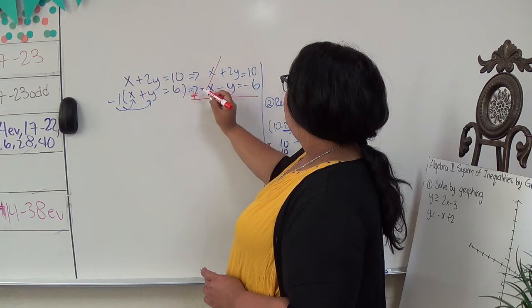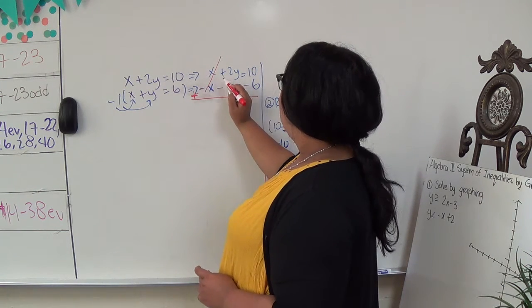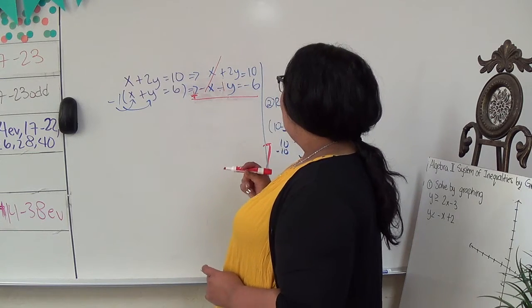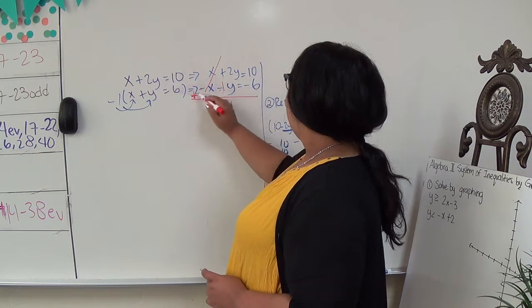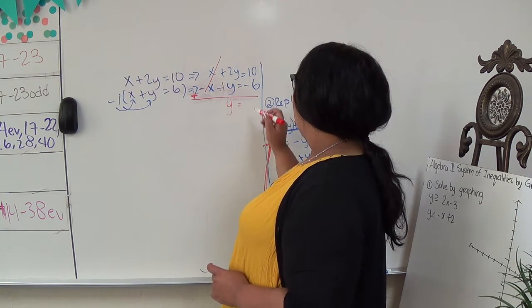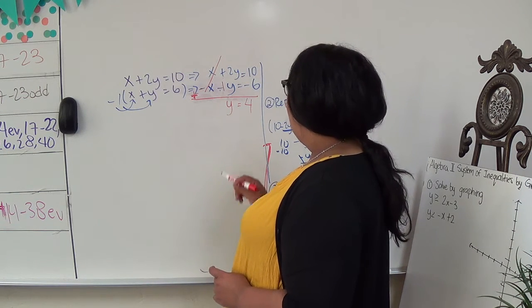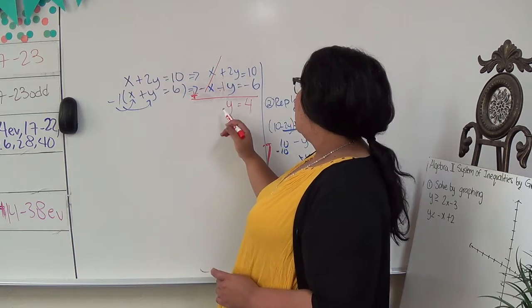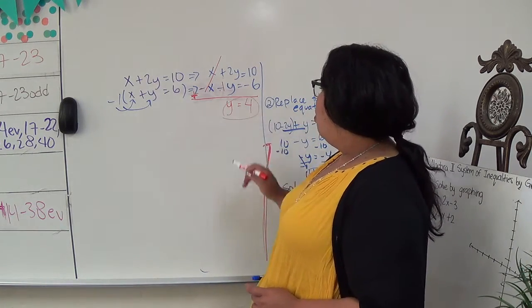And I do positive 2 plus a negative y, so it's positive 2 minus 1, so I end up with just 1y, and then 10 plus negative 6, which gives me 4, right? And then I have to solve this, which it's already solved, but if, for example, this was a number, I'd have to divide it and solve for y, but I have y equals 4.